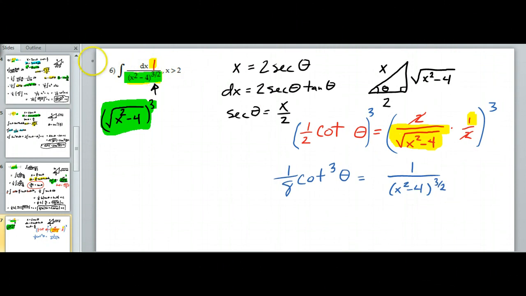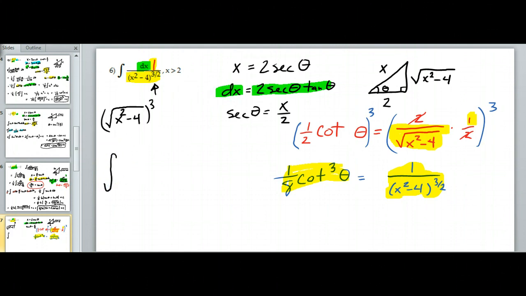Alright, so that means that, let me erase because I've got a couple different highlighter marks on there. That means that all of this in the denominator now, including that 1, is equal to 1/8 cotangent cubed. Okay, and then our dx, 2 secant theta tangent theta. So let's substitute dx, 2 secant theta tangent theta.